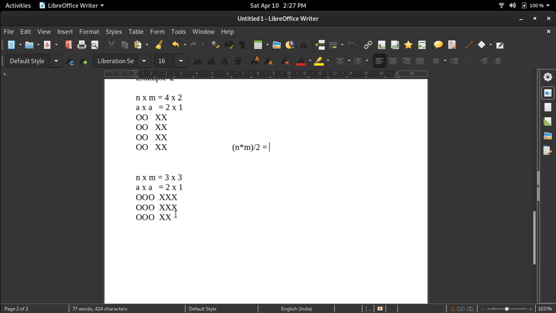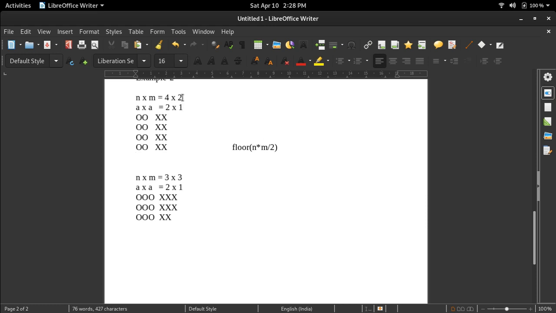But here they have mentioned that we have to find the maximum dominoes which should not go outside the board. So here we have to take the floor: floor of n cross m divided by 2. So we have to use the floor function, and let's check it.